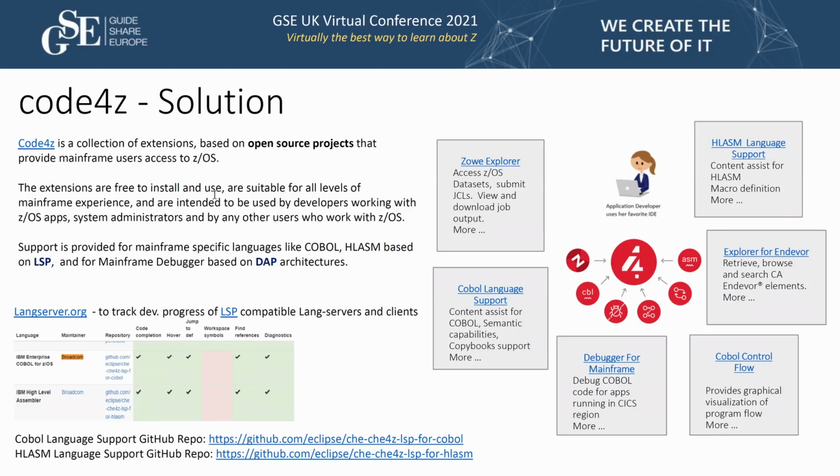So the Code4z solution is an all-in-one package, which means it currently consists of 6 more extensions, but we will keep enhancing it with different languages like GCL and many others.